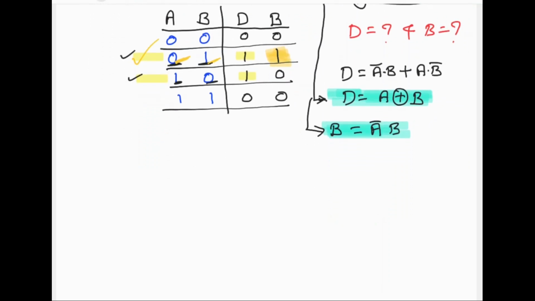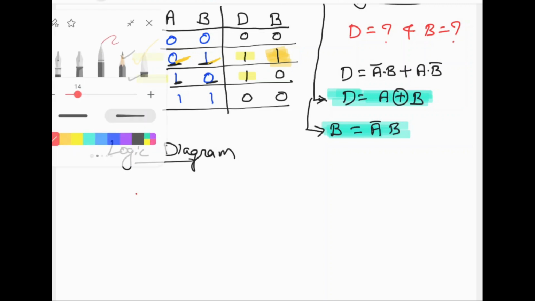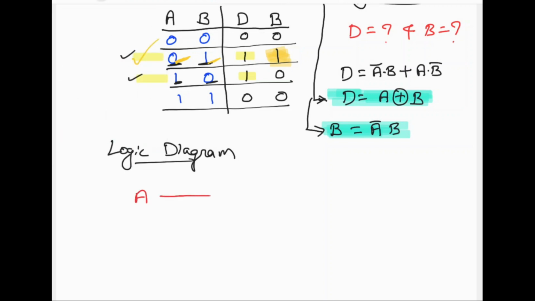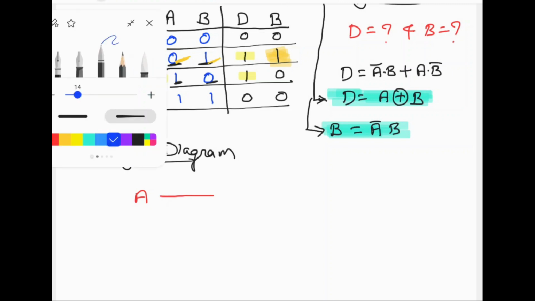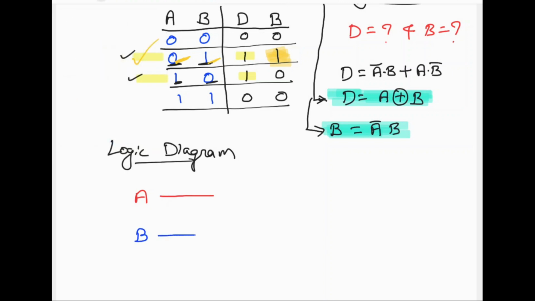Now we can draw the logic diagram. Logic diagram is the diagram drawn with the help of logic gates. So we have two inputs. First one is A and the second one is B. First we will find D. What is D?